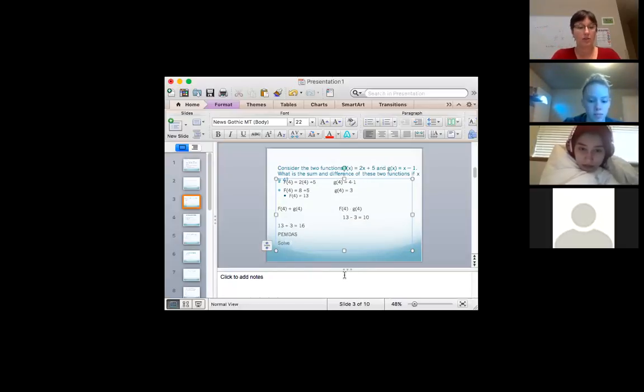So solve for one function, then the other. And then the final part was, okay, remembering to replace all x's with 4, or whatever the number is.